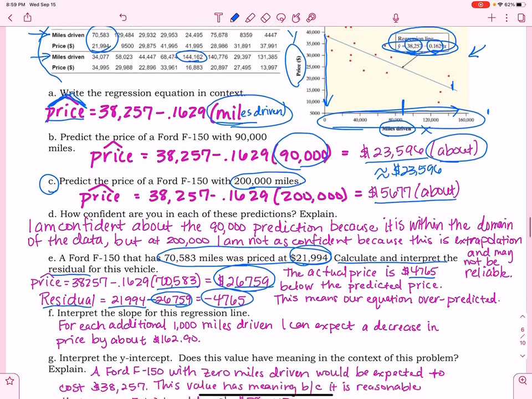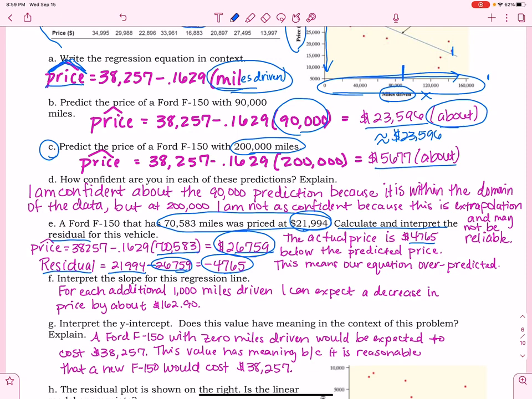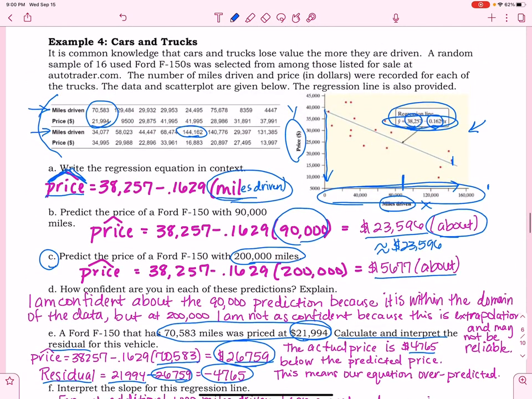All right. The next thing we're going to do is interpret the slope. This is really important because when we're interpreting our regression line, our slope and our y-intercept go a long way to helping us understand what is actually happening. All right, so when I talk about the slope, in this particular situation, this indicates right here that we have a slope of 0.1629. That means that for every mile driven, I expect the price to decrease by $0.1629.